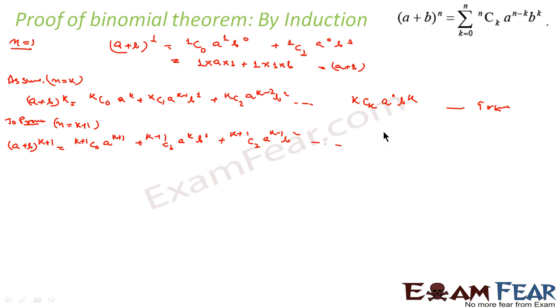This will continue till (k+1)C(k+1), and here you get a^0 b^(k+1).